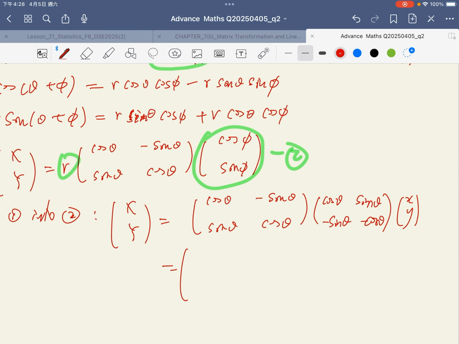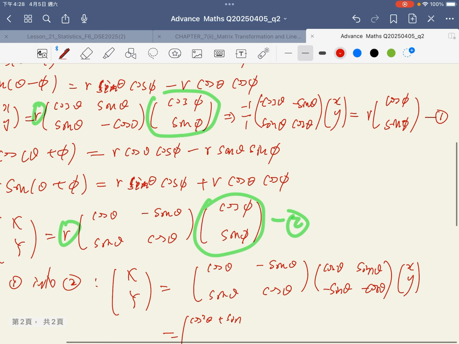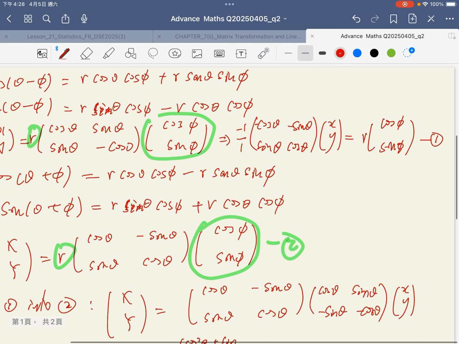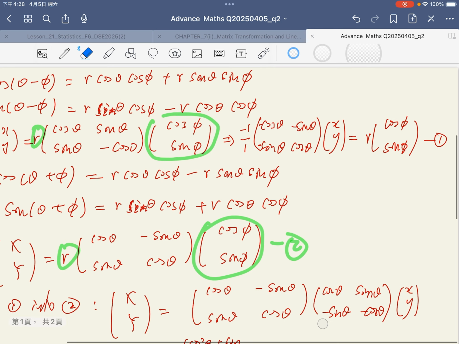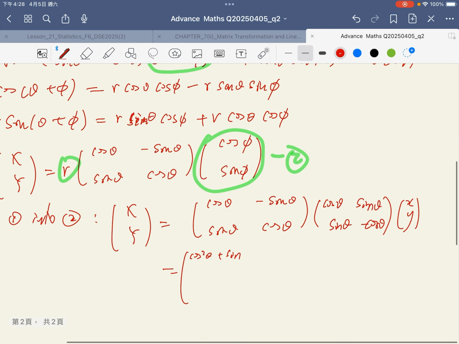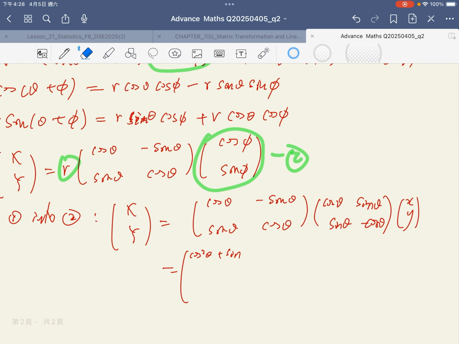The first one: cosine square theta plus sine square. Sorry, I made a mistake here. Change this one to sine, and this also has a negative sign, therefore it is positive. So this is cosine square theta minus sine square theta.